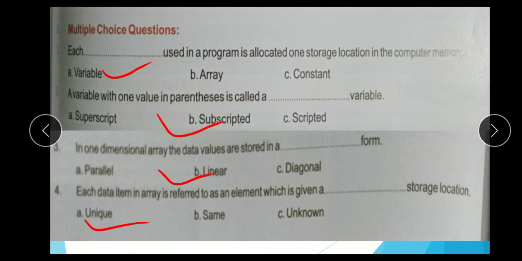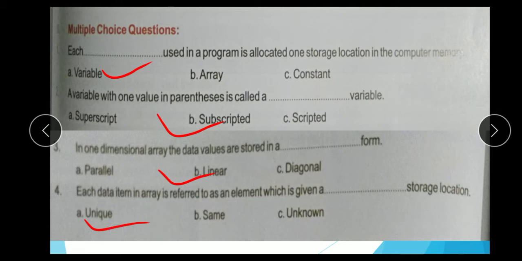Question number 3, in a one-dimensional array, the data values are stored in dash form. Option A parallel, option B linear, option C diagonal. The correct option is B linear. Question number 4, each data item in an array is referred to as an element which is given a dash storage location.